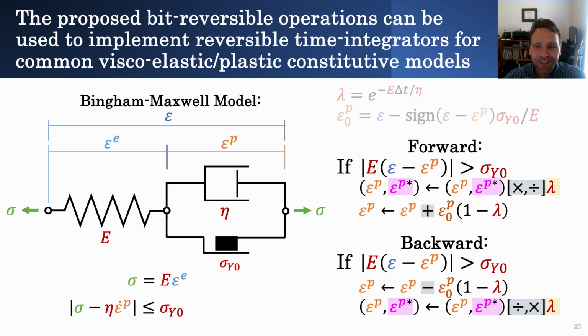Now, the forward in time update using a so-called exponential integrator turns out can be exactly reversed in time just by reversing the order of the operations that I carry out and reversing the sign of these operators that I'm applying. And it turns out doing that, I can actually apply exactly these same reversible multiplication division operators and addition operators, treating these internal state variables also using fixed precision numbers.